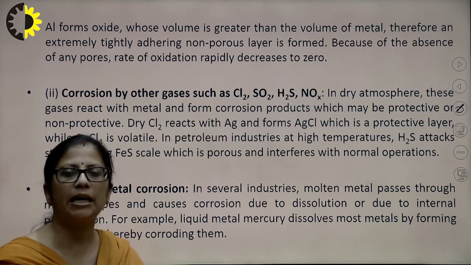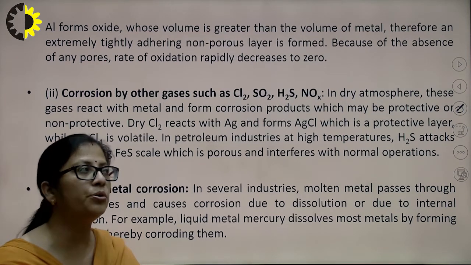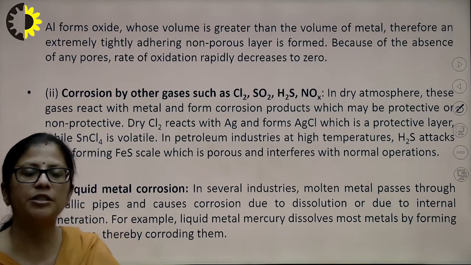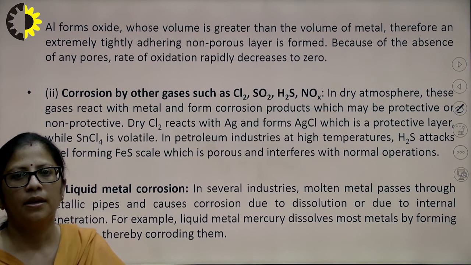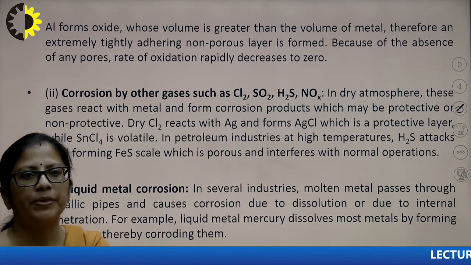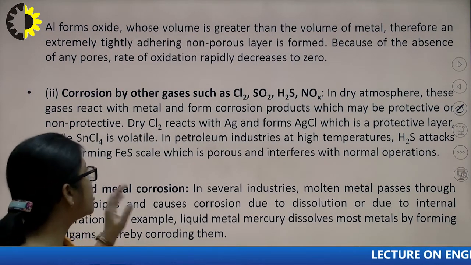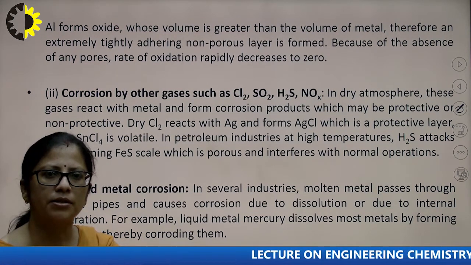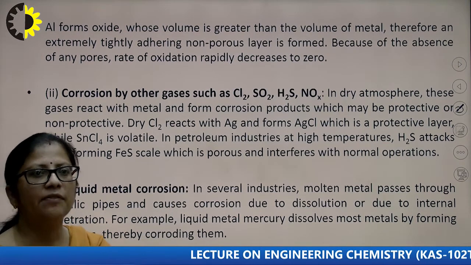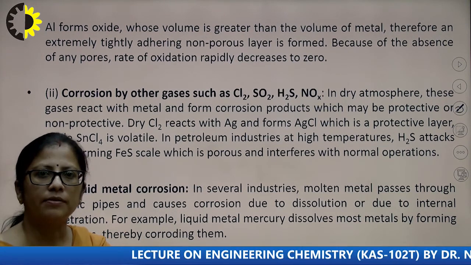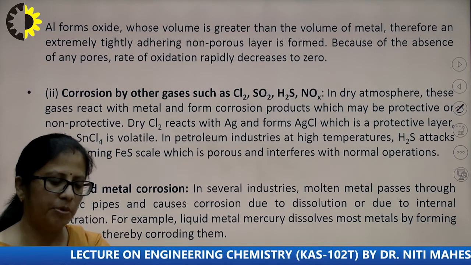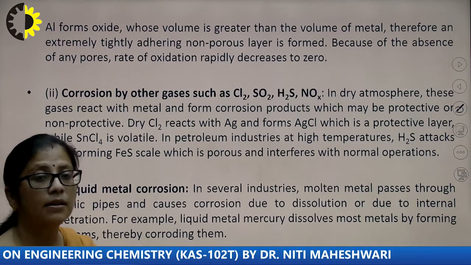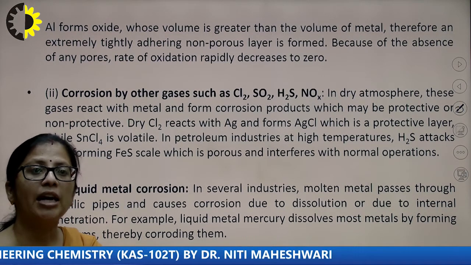Now, the second type of dry corrosion is due to other gases such as Cl2 (chlorine), sulfur dioxide, H2S, NOx. In a dry atmosphere, these gases can react with the metal and form corrosion products, which may be protective or non-protective. Again, because of their chemical affinity, only those reactions will take place where the metals are going to react with each other.